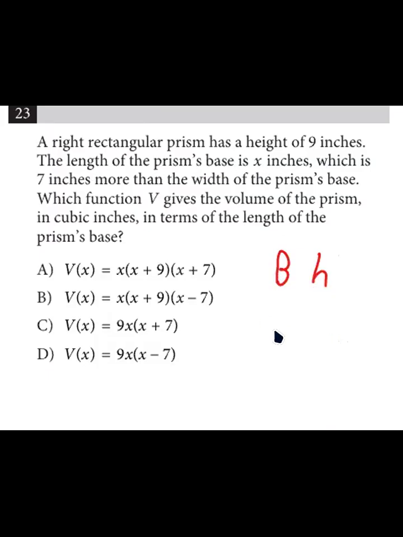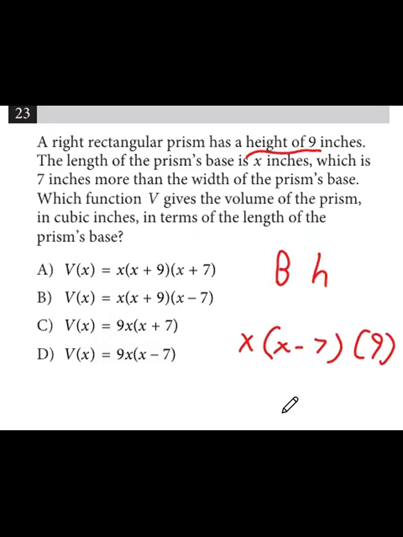So in this case, the length is x, and it's 7 more inches than the width of the prism's base. So the width is x minus 7. And then the height is 9.